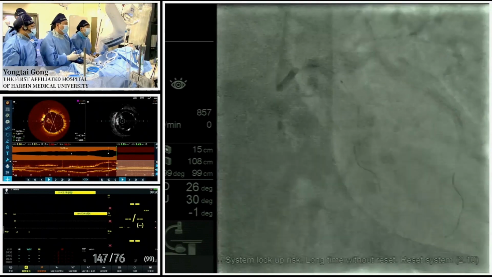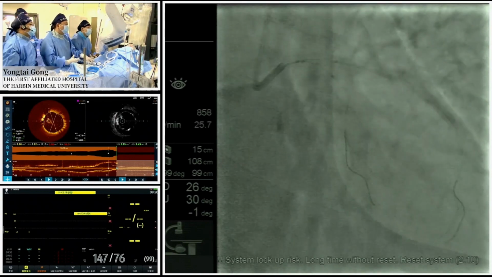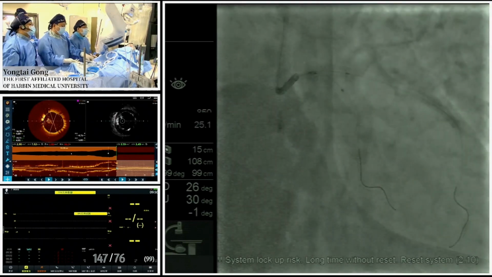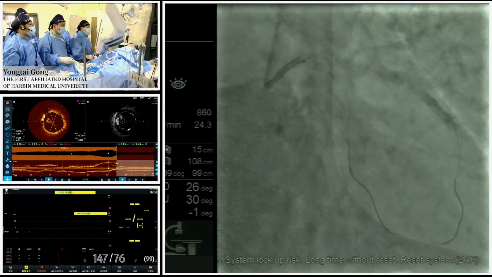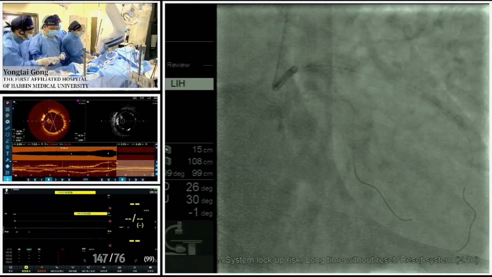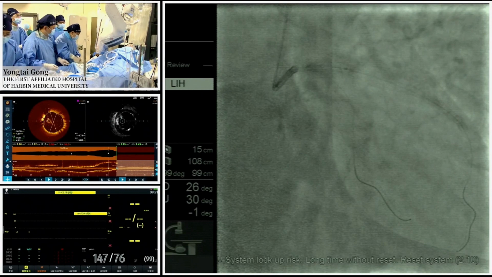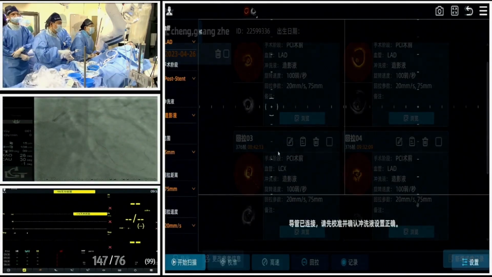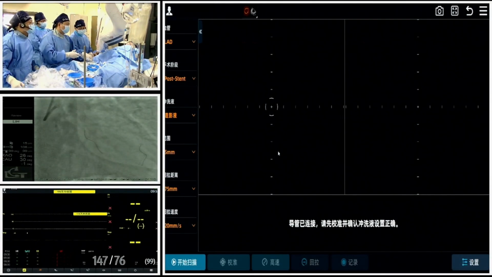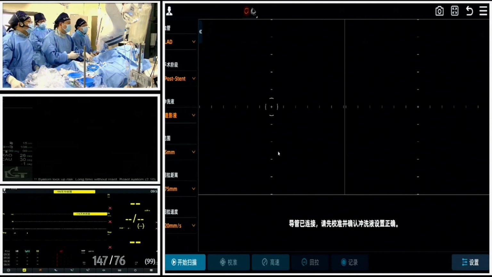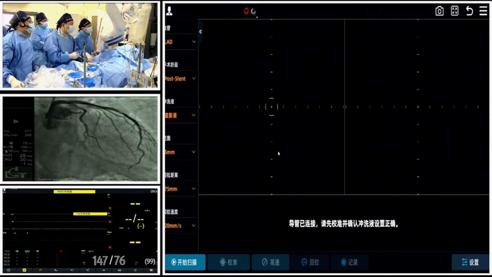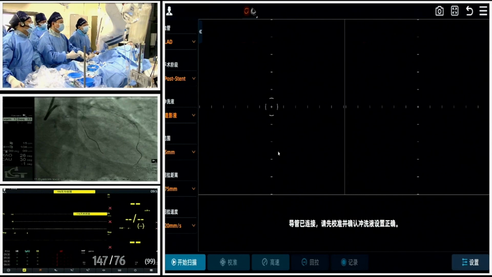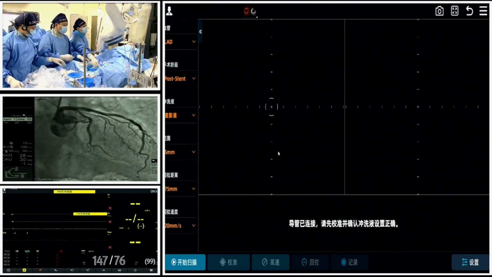Now we have just completed the KBT, that is, the kissing balloon technique. Okay, we will recheck the intravascular image to get the optimal stent deployment. We will show a final angiography. It's very excellent. Yeah, from the angiography, it looks very good.